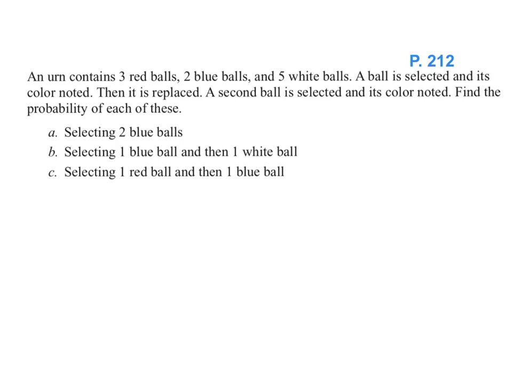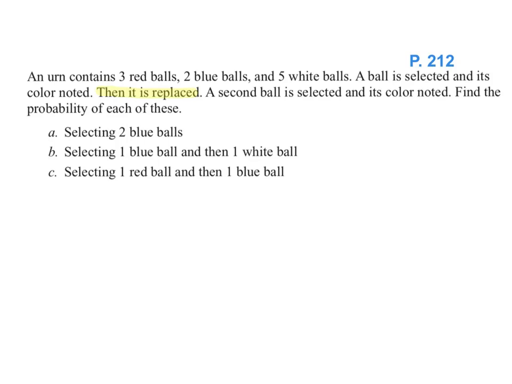This is on page 212 in your book if you want to screenshot it from your book instead of taking a picture of the screen. And I'll talk through some important parts here. The key to this problem is that after a ball is selected, it is replaced. Meaning, every time a ball is taken out of the urn, there's the same number of balls to begin with.